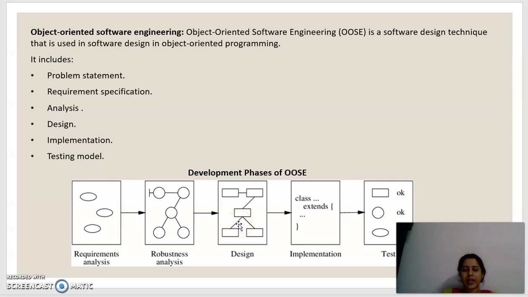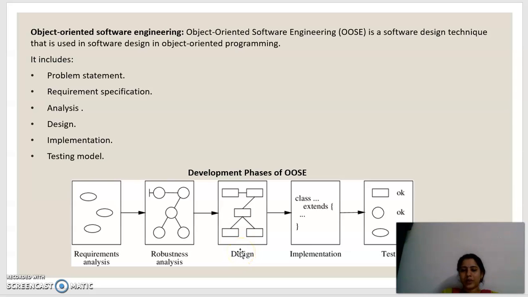Structural diagrams specify the way the modules or functions are connected. The behavioral diagram specifies how the modules are interconnected and how data flows from one module to another. In the design phase, UML diagrams are useful to design the software.